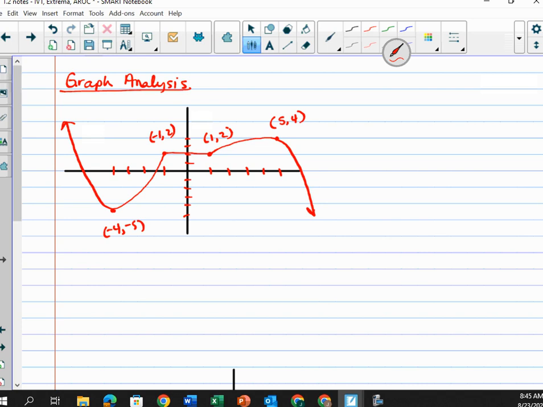So that point on the left, that's -4, -5. Then we've got -1, 2, 1, 2, 5, 4.